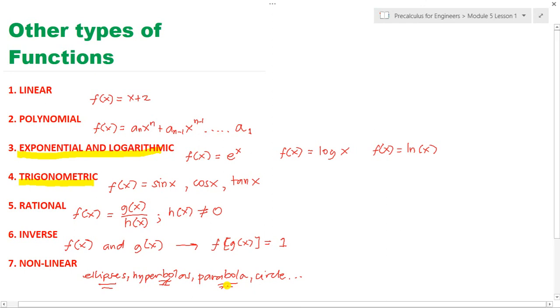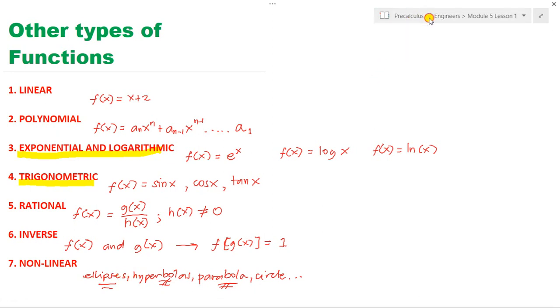So if our domain will be repeated, then it is no longer a function. But we can still use ellipse, hyperbolas, parabolas, given that we need some restrictions. So if we have some restrictions over them, we can now call them functions. But these are just examples of nonlinear functions. We also have cubic, quartic, so on and so forth.